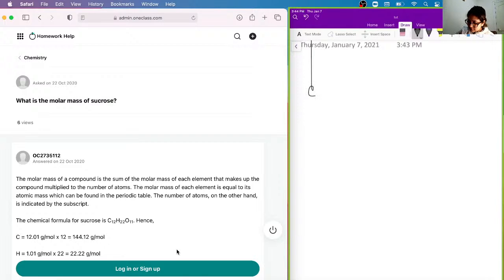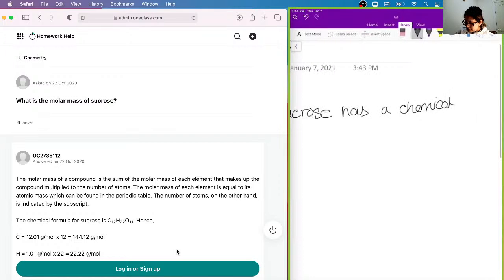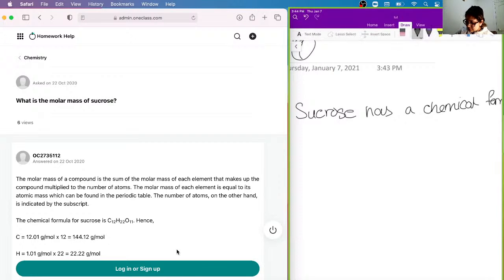Sucrose has a chemical formula that is C12H22O11. So this is the chemical formula for sucrose.